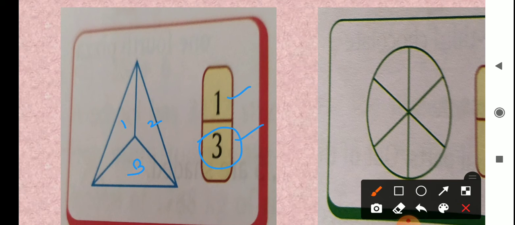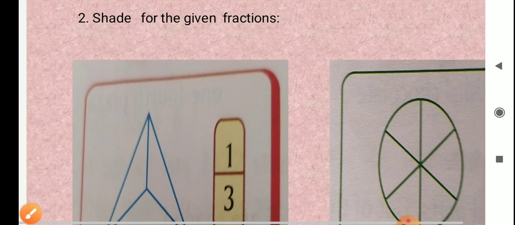So you can shade any one part of these 3. Look here, students, we shade one part.